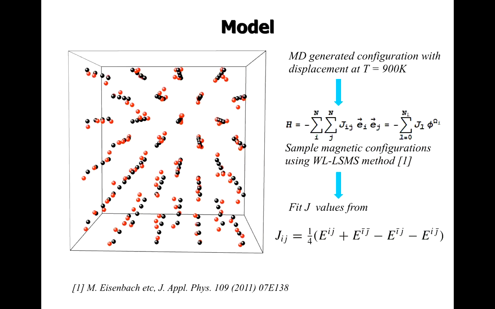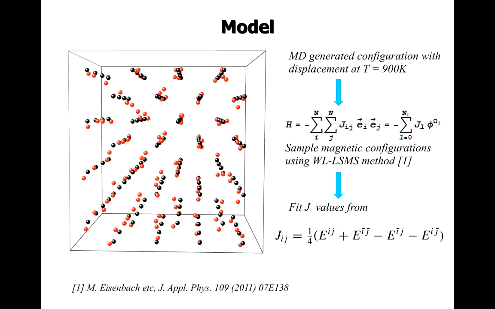To do this, we generate, using standard molecular dynamics, configurations of iron atoms that correspond to a temperature just below the Curie temperature, 900 Kelvin in our case, and take snapshots of those. So in the picture here you see as black the ground state positions of the iron atoms, and in red snapshots where they are at a single instance at this high temperature.